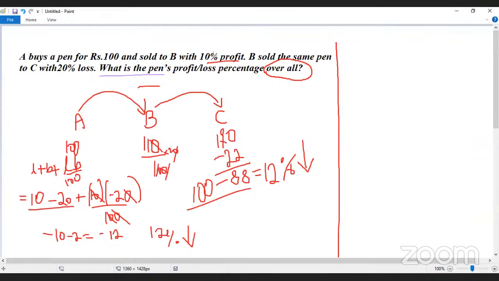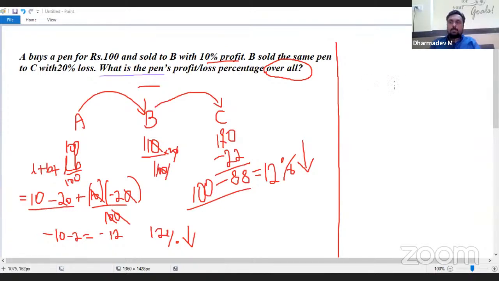Okay. See, it's like 3 persons, that is A, B, and C. There are 3 members. So A is buying a pen. When I say buying a pen, that means he is purchasing it. He purchased it for 100 from somebody. Now he is selling it to the next person with 10% profit.